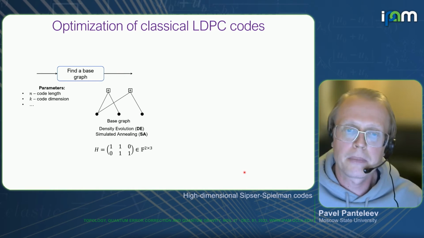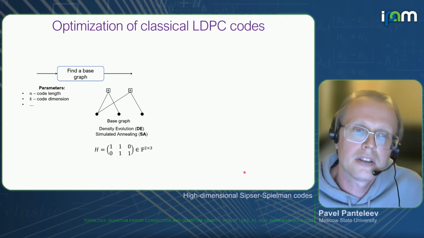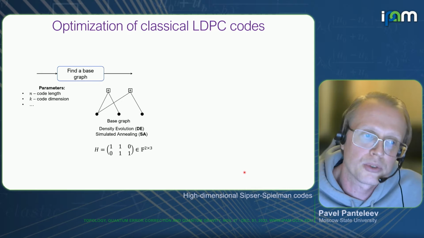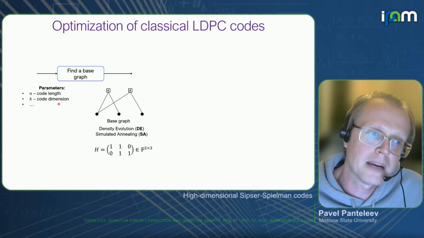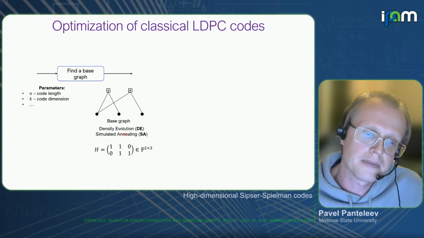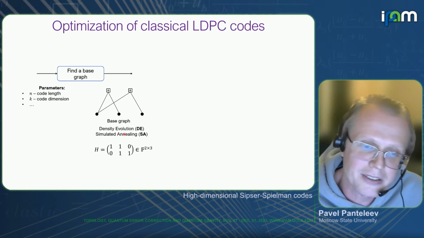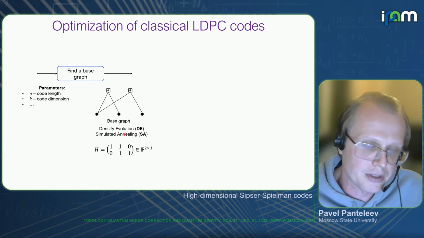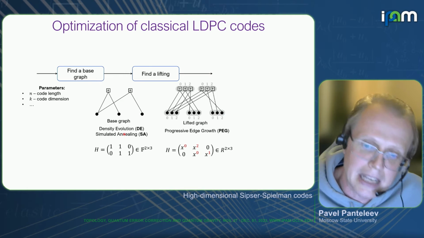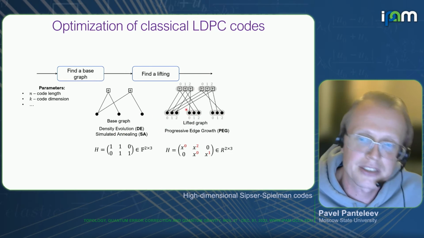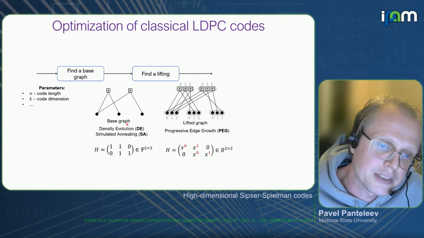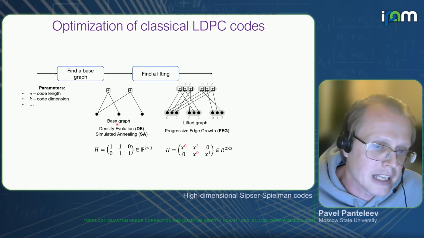The idea of lift is very important to design classical LDPC codes, and usually people use the following procedure. We start from some requirements for our code, and first we produce a base graph. And there are some very smart algorithms to design the base graph. Then on the second stage, we obtain a large code, which typically may be like 10,000 bits in size, and this base graph could be a very small code, like 10 bits.